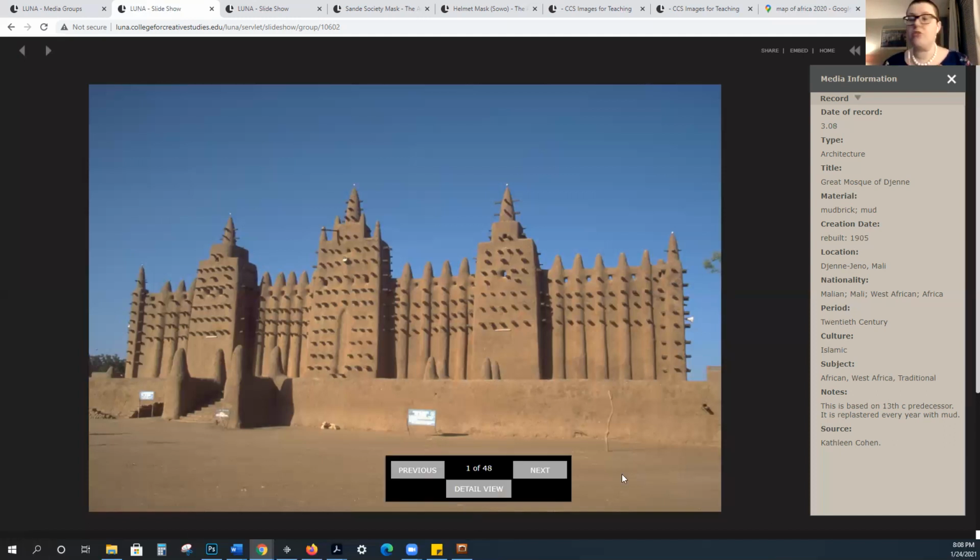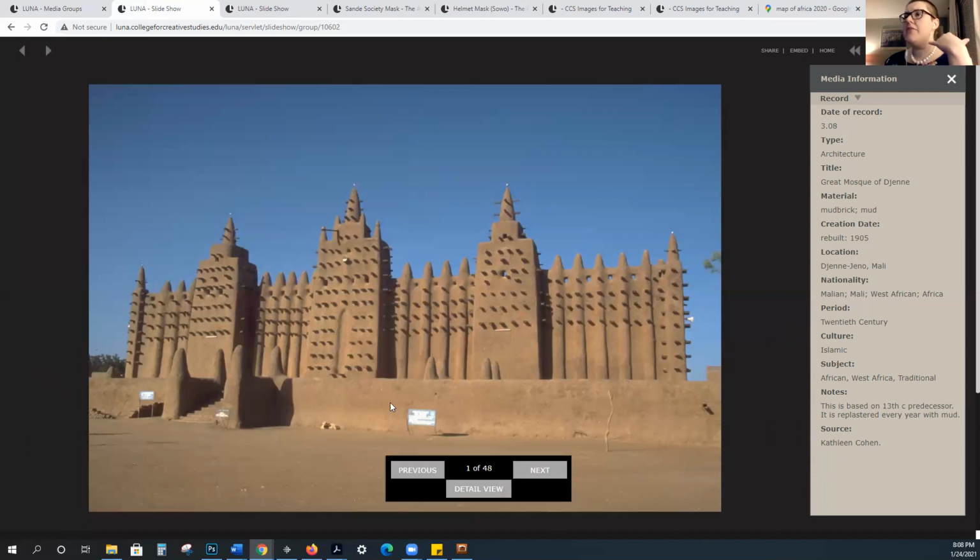So, but first we're going to look at this mosque, and hopefully because it is a mosque, you're able to identify that this is a Muslim structure. So this is located in Djenné in Mali, and it is, as I said, a Muslim mosque. And the first mosque was built around 1200. So what we're looking at here is a continuation of that.